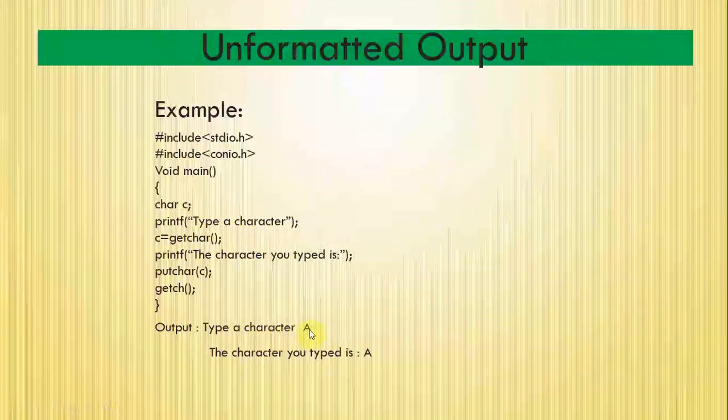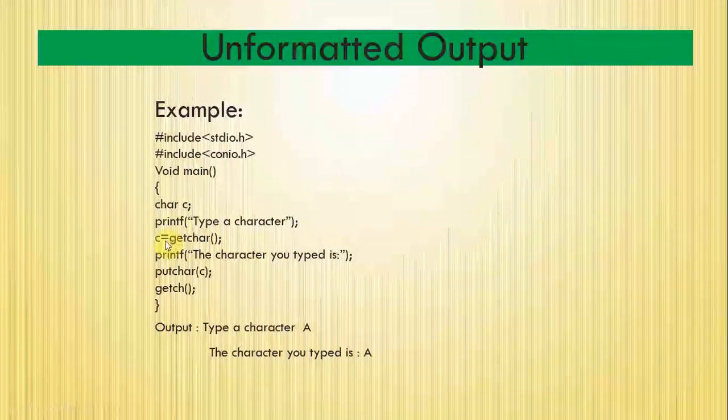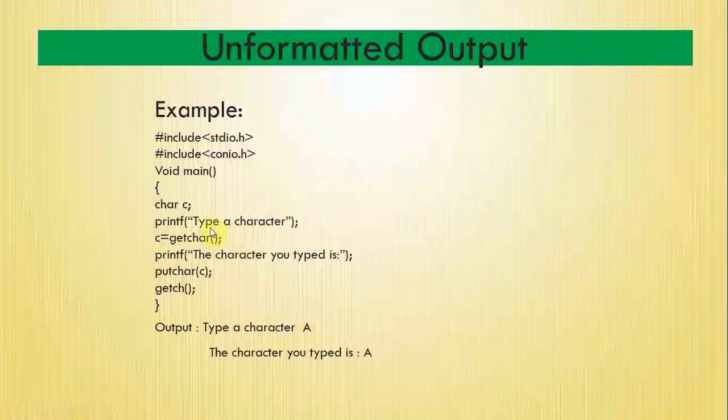Suppose I press A. Now this character will be stored in c. Whatever you input with the help of the keyboard will be read by the getchar function and stored into the variable.